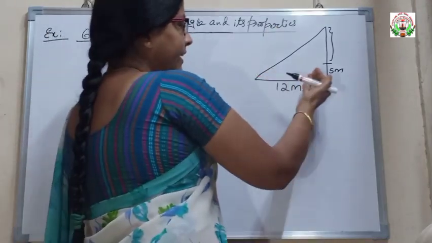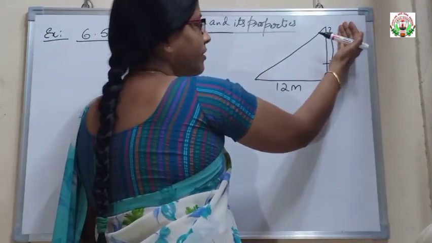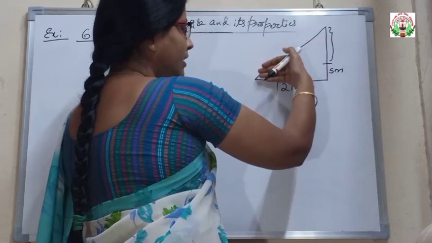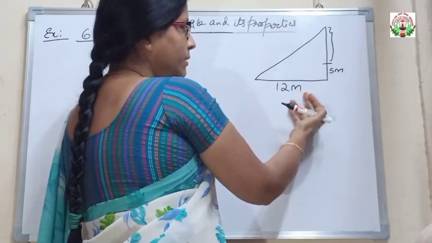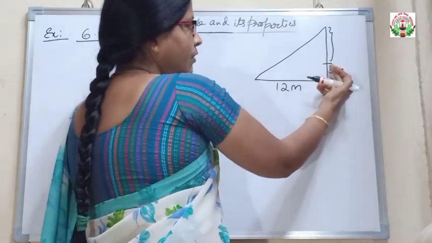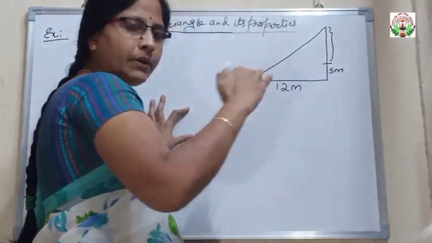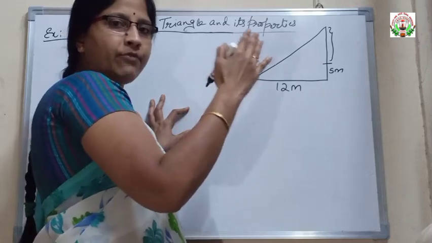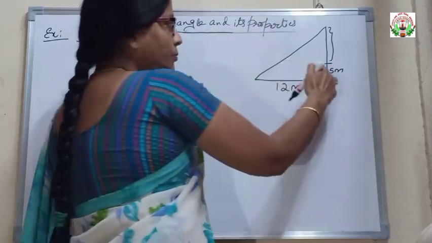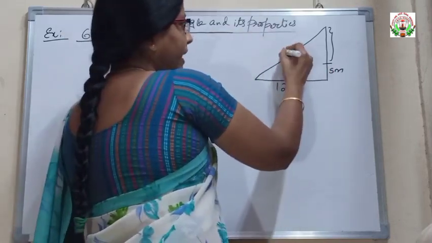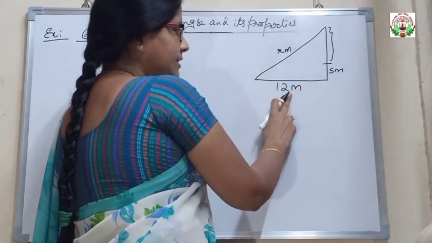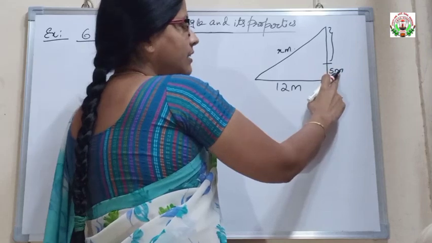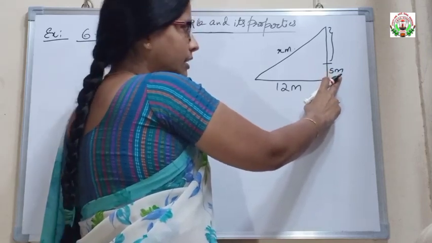So this is a right angle triangle. This part of the tree which it has broken has fallen down and it is making a base distance of 12 meters, and from the ground level 5 meters the tree has been broken. So we have to find this hypotenuse x meters, and base is given as 12 meters, and we can take this 5 meters as its perpendicular distance.